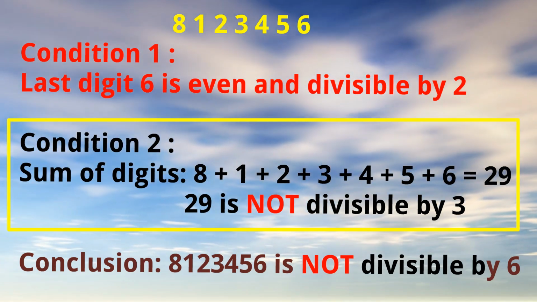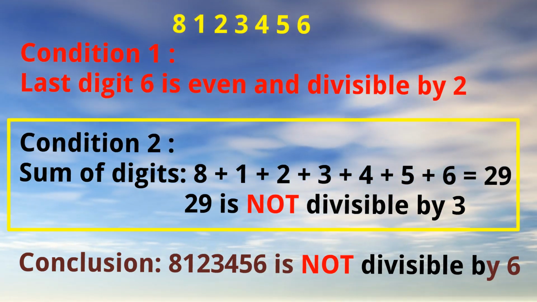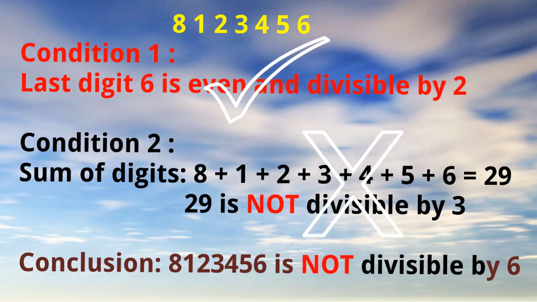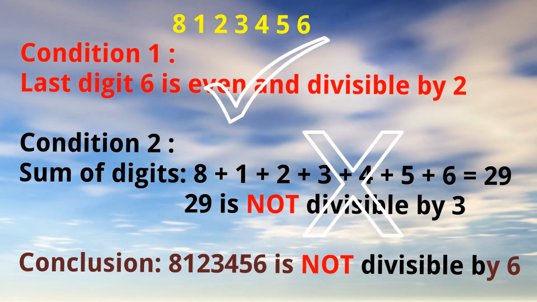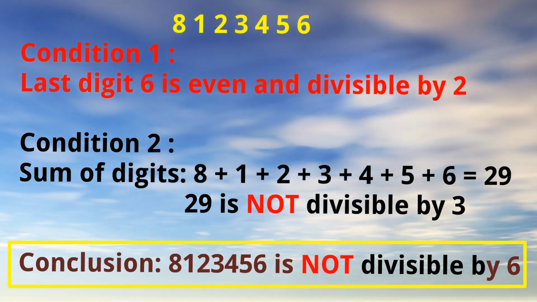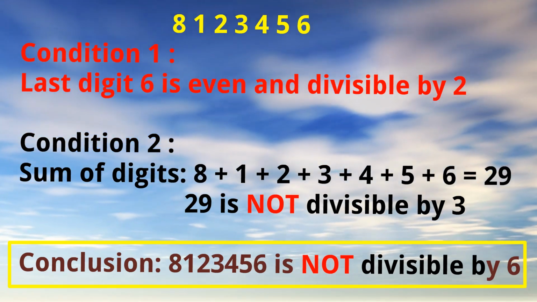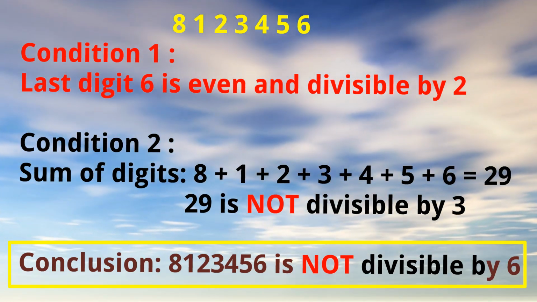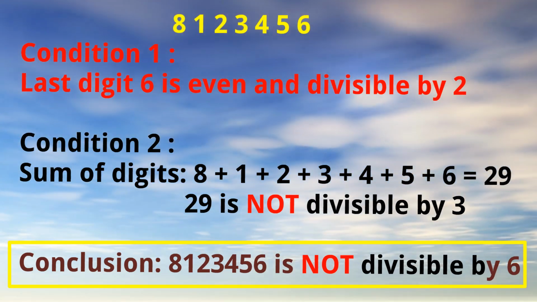Hence, the given number is not divisible by 3. Only condition 1 is satisfied, but condition 2 is not satisfied. Conclusion: the given number 8123456 is not divisible by 6.